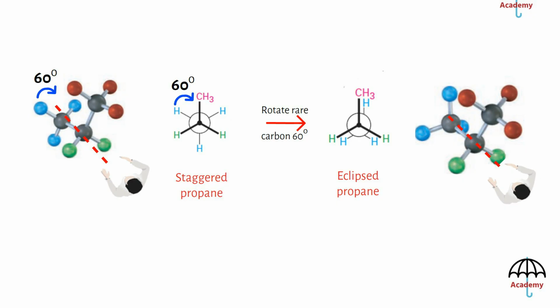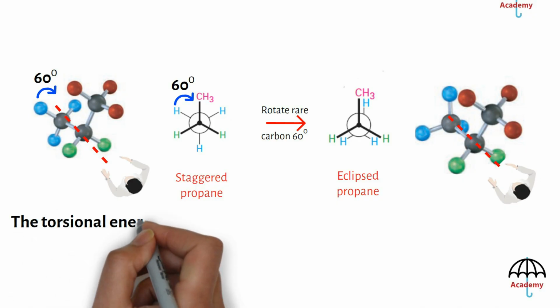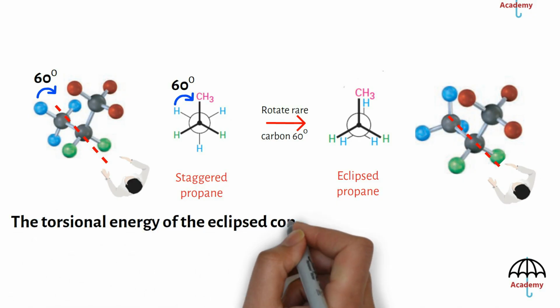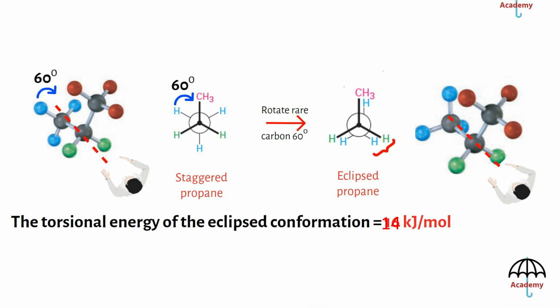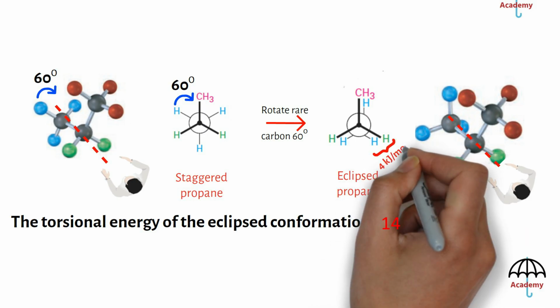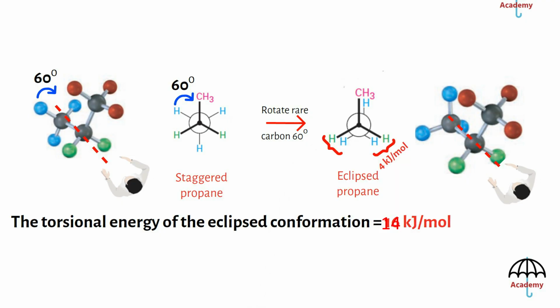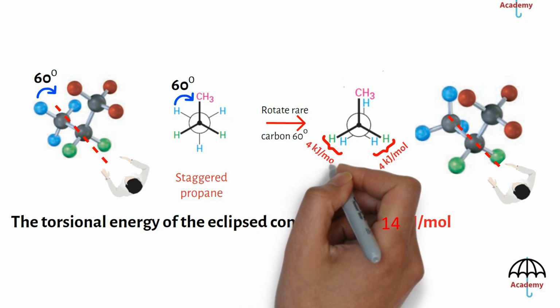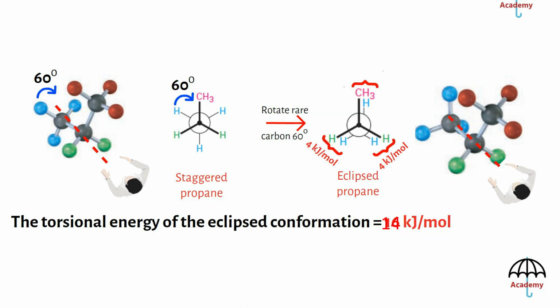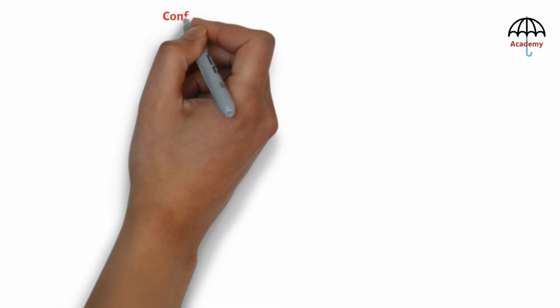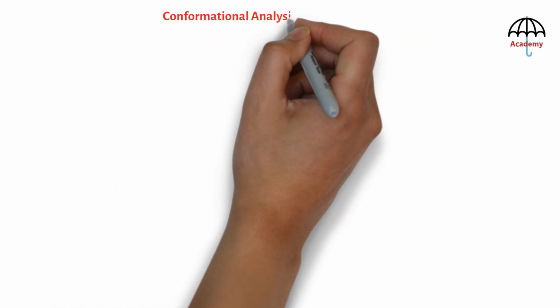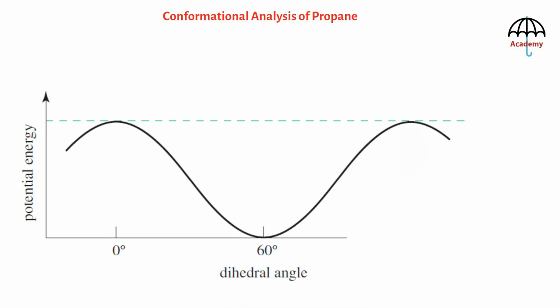In case of propane, the torsional energy of the eclipsed conformation has been found to be 14 kilojoules per mole. Since each C-H eclipsing with other C-H contributes 4 kilojoules per mole, therefore, C-C eclipsing C-H must be contributing 6 kilojoules per mole. In the conformational analysis of propane, the graph of potential energy versus dihedral angle looks like this.